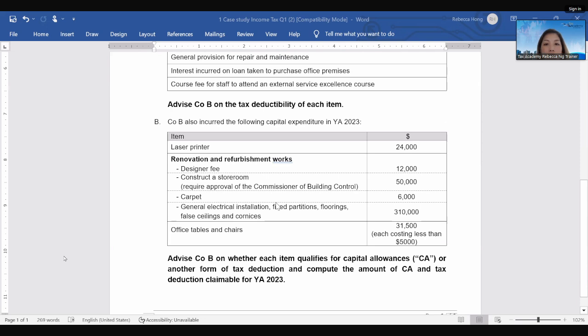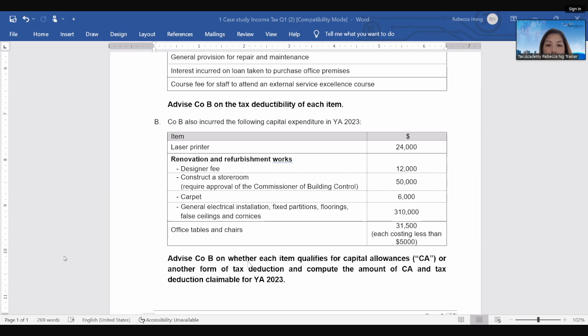Now let's proceed to part B. Company B also incurred the following expenditure for YA 2023: laser printer, renovation and refurbishment work, designer fee, construct storeroom, carpet, general electrical installation, office table and chair.